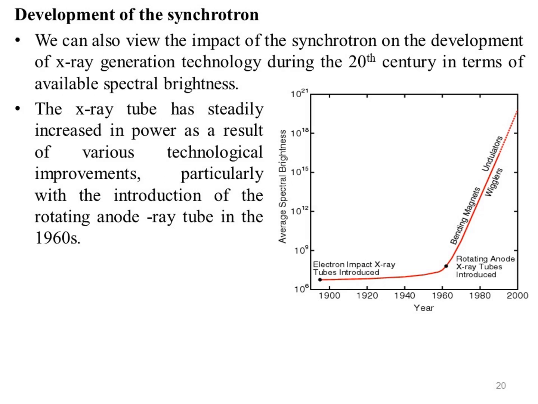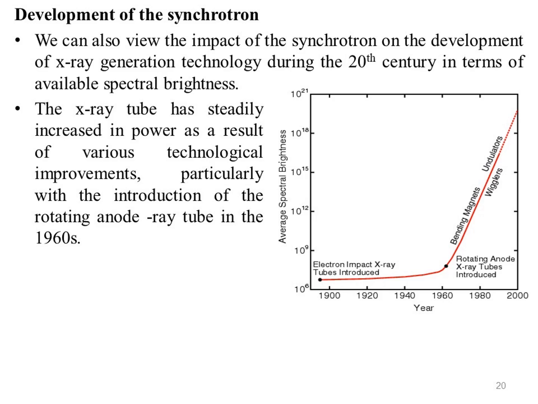Development of the synchrotron. We can also view the impact of the synchrotron on the development of X-ray generation technology during the 20th century in terms of available spectral brightness. The X-ray tube has steadily increased in power as a result of various technological improvements, particularly with the introduction of the rotating anode X-ray tube in the 1960s.